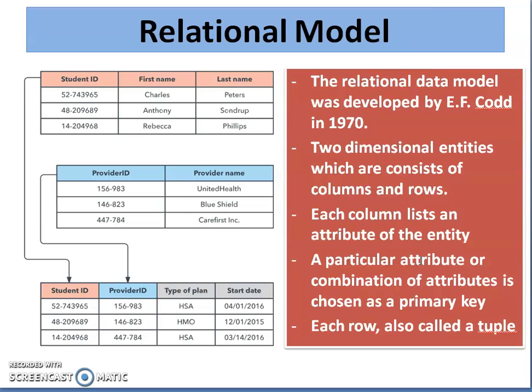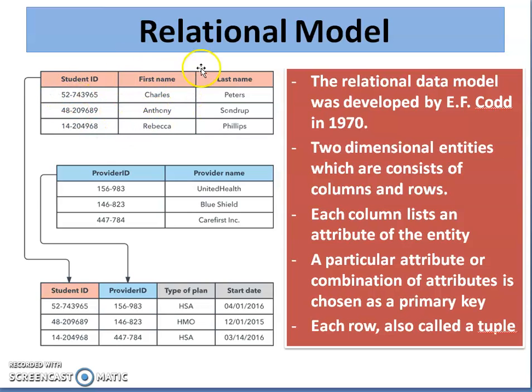It consists of two-dimensional entities made of columns and rows. It represents the data in the form of a two-dimensional entity where rows represent records and columns represent attributes. So this is a table structure.